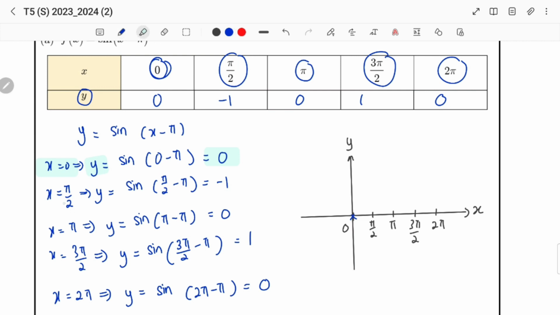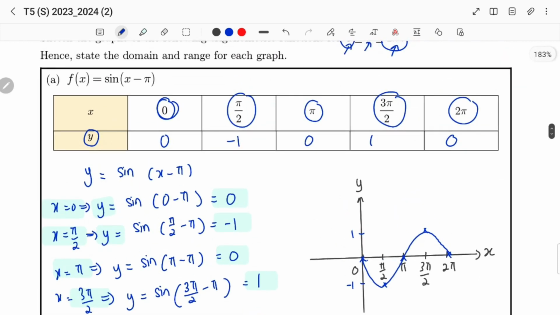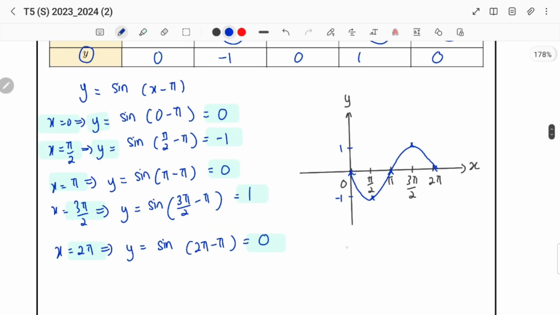Next, x is π/2, our y is −1, somewhere here. Next, for π, y is 0 here. And then for 3π/2, y is 1 here. Last one, 2π, y is 0 here. Then just simply join the points. So this is the graph for f(x) = sin(x − π).